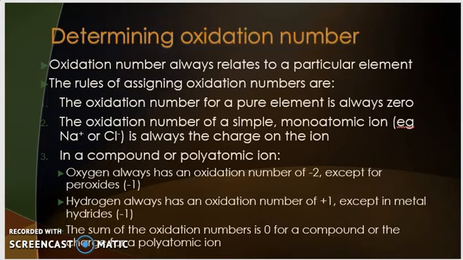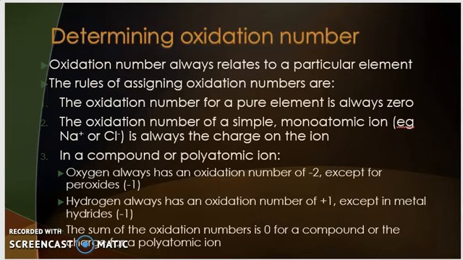The first thing is that when we are in a compound or a polyatomic ion, oxygen always has an oxidation number of -2, except for when we have a peroxide, in which case the oxidation number is -1. And you come across that with hydrogen peroxide particularly. Hydrogen always has an oxidation number of +1, except when we're in a metal hydride, in which case it's -1.